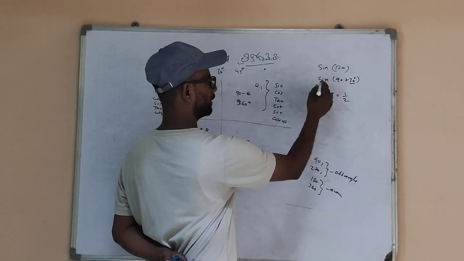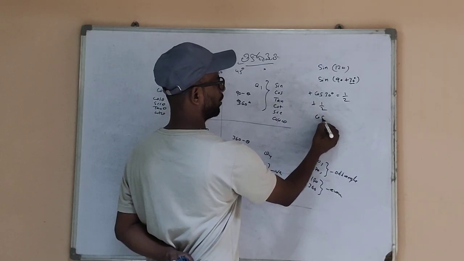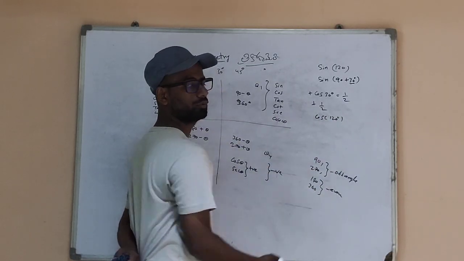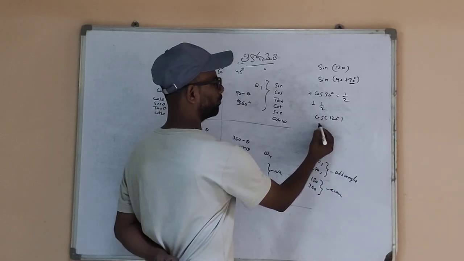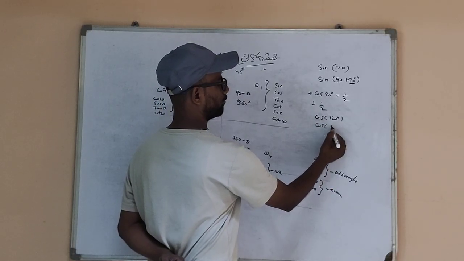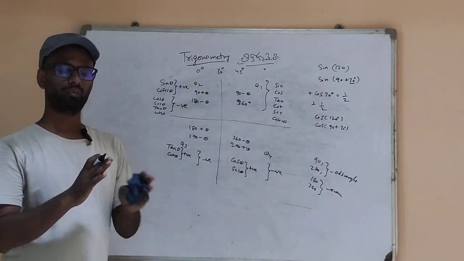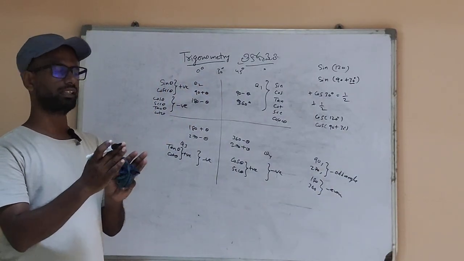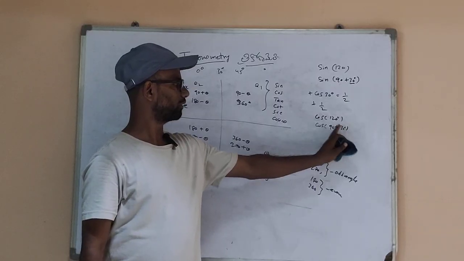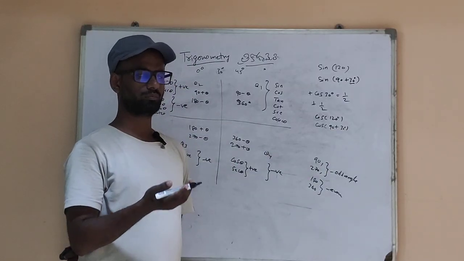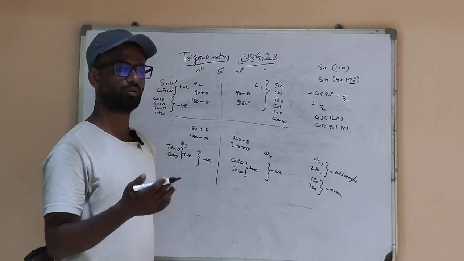Suppose in the same manner we have cos of 120 degrees, what do we have to do? Split it into cos of 90 plus 30 degrees, as an addition splitting. If we do further examples, we can come to a conclusion.